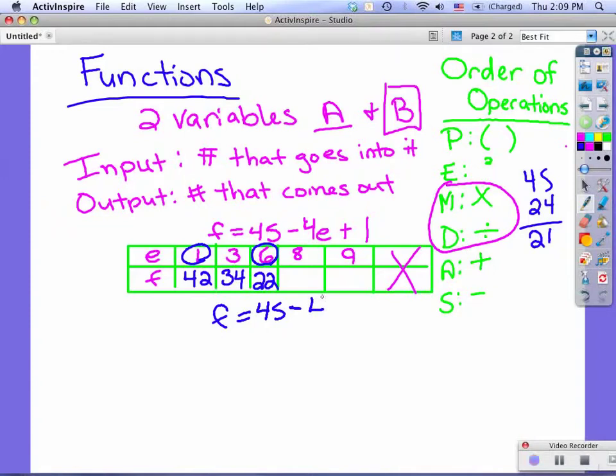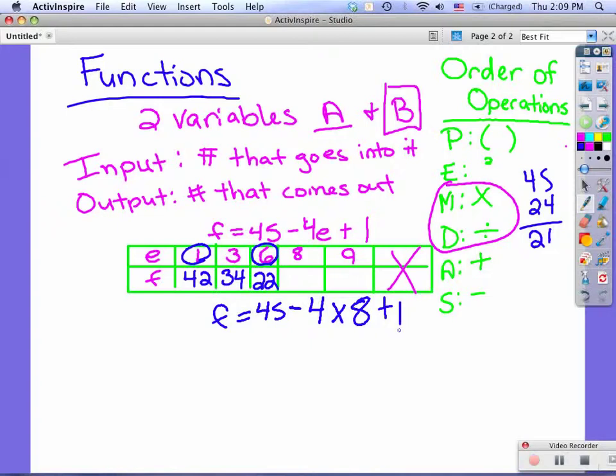And what's it mean when the number's right next to the letter? Multiply. 4 times E. What's 4 times 8 plus 1. So your first step is to just copy the whole problem, but put the number in place of the variable. What's E going to be the next time? 9. Oh. So instead of putting the 8 in there next time, you're going to put 4 times 9.